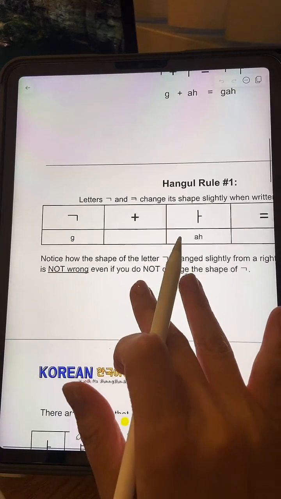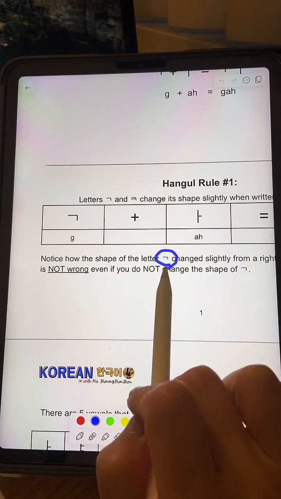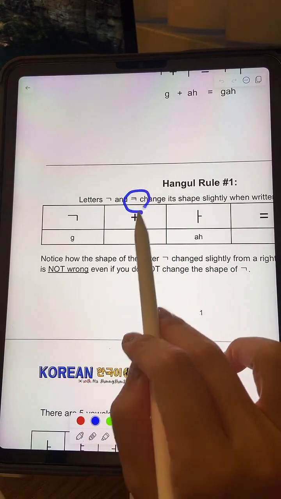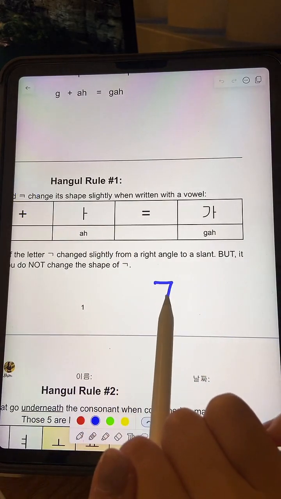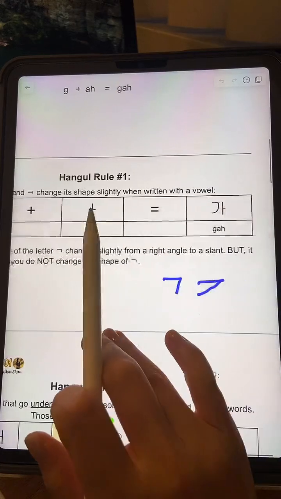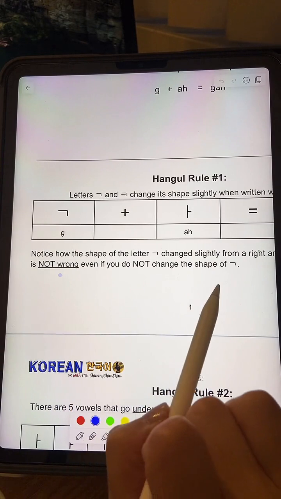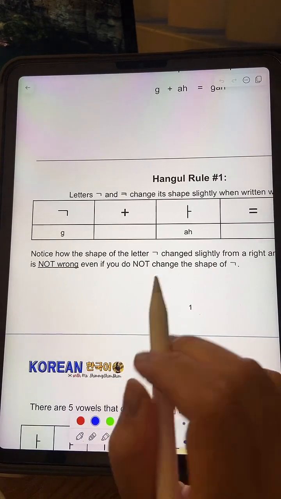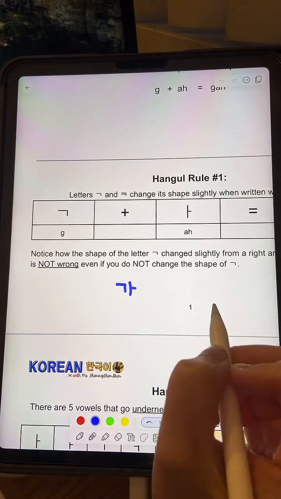So again, this is a very minor thing, but I want you to notice that the letters 기역 and kiuk change slightly from a right angle to having more of a slant. But you do not have to do that. It is not wrong, even if you do not change the shape. Some people, just for style, will write like this.